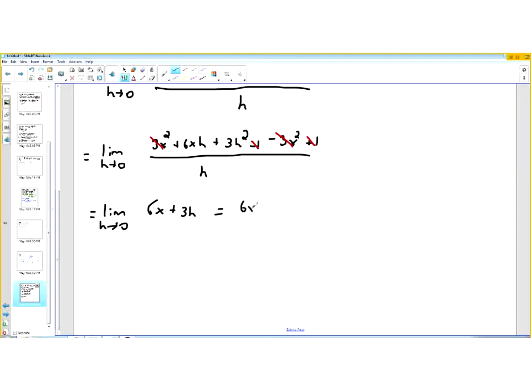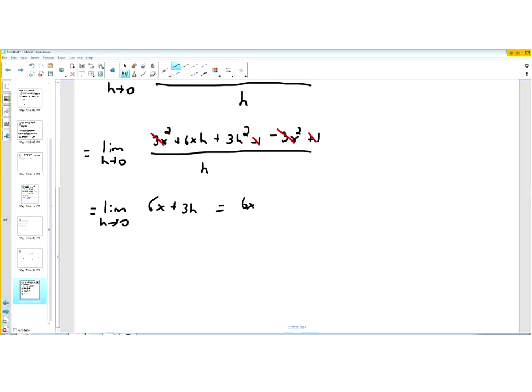And I believe I have a picture I can show you, showing the function, its first derivative and its second derivative. Oops, wrong picture.